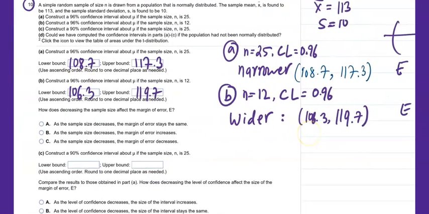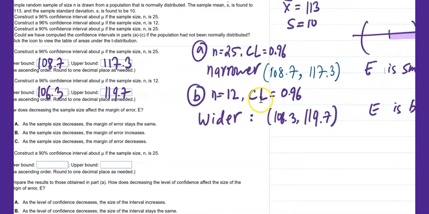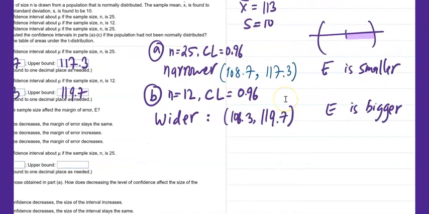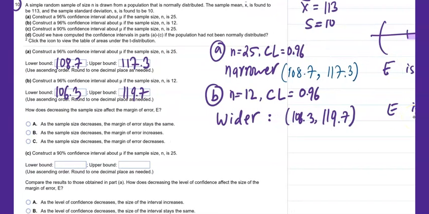So we can say that as the sample size decreases, the margin of error increases. You see here the bigger interval. So the answer is: as the sample size decreases, the margin of error increases. In other words, as the sample size decreases, the interval becomes larger.